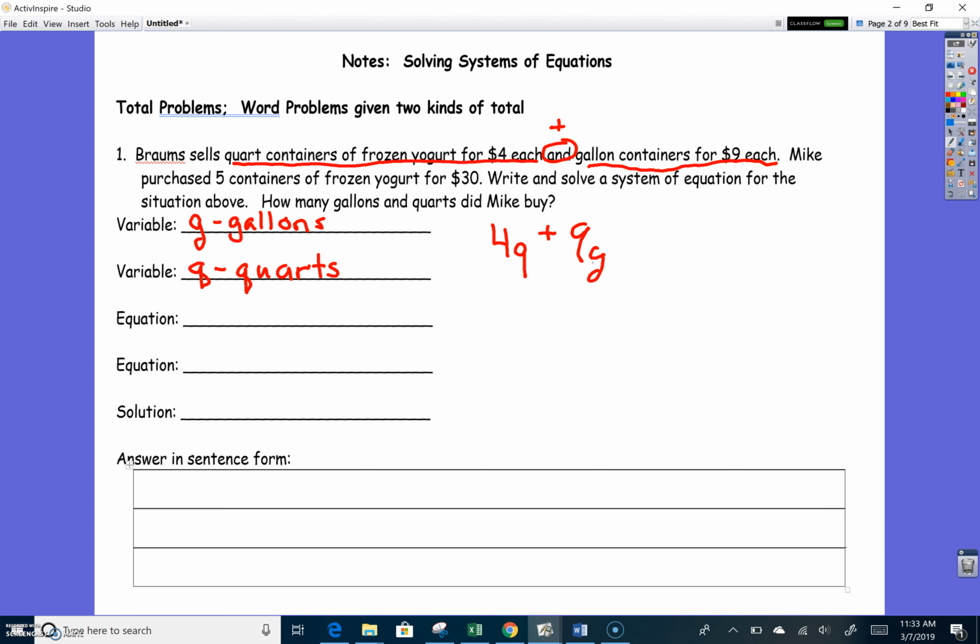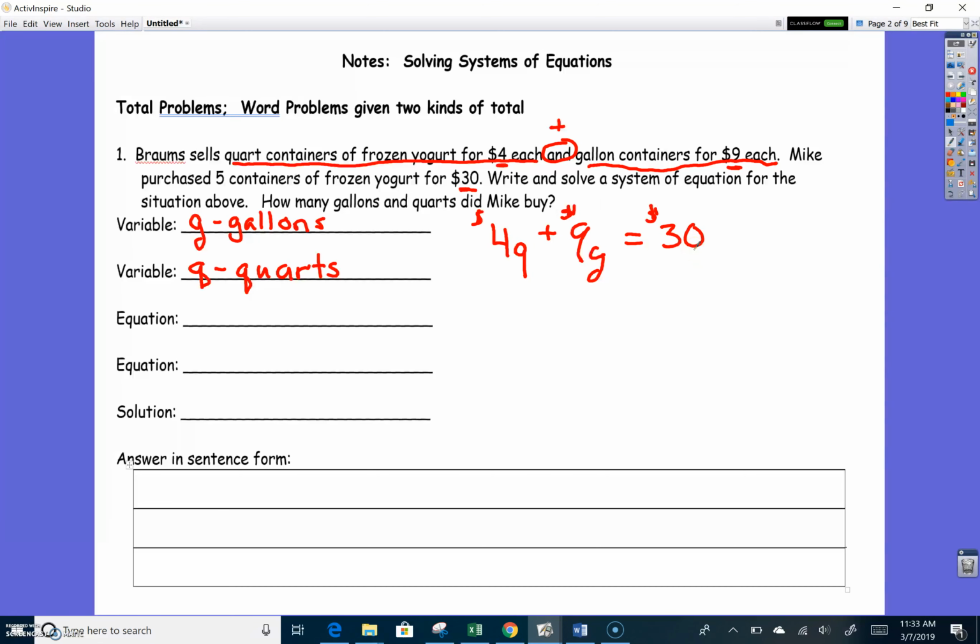Because we're talking about money, money goes with money. So $4, that's money. $9, that's money. $30, because it's a total of $30. That's why I call it a total.